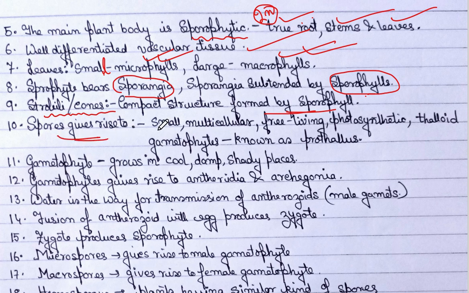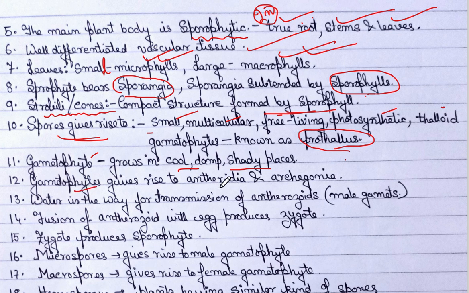Now spores give rise to small multicellular free-living photosynthetic thalloid gametophytes known as prothallus. Gametophytes grow again in cool, damp, shady places.